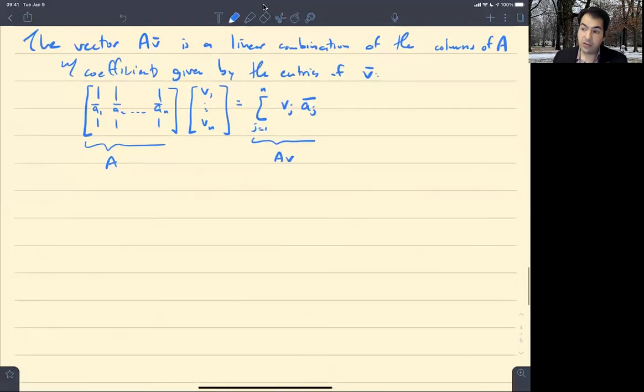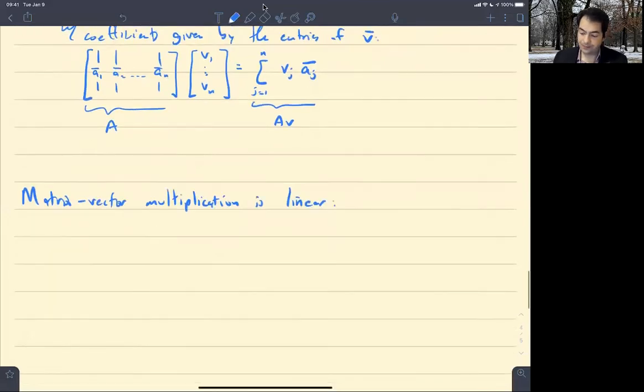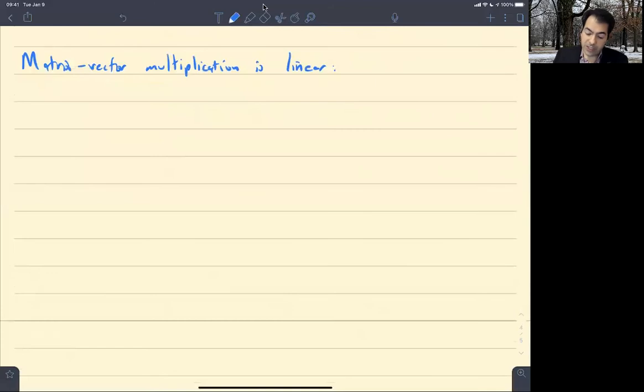Okay, using this, it's easy to see that matrix vector multiplication is linear. That is to say, we get a linear transformation. So to check that a map is linear, remember we need to check 2 things, additivity and homogeneity, right? So let's check additivity.